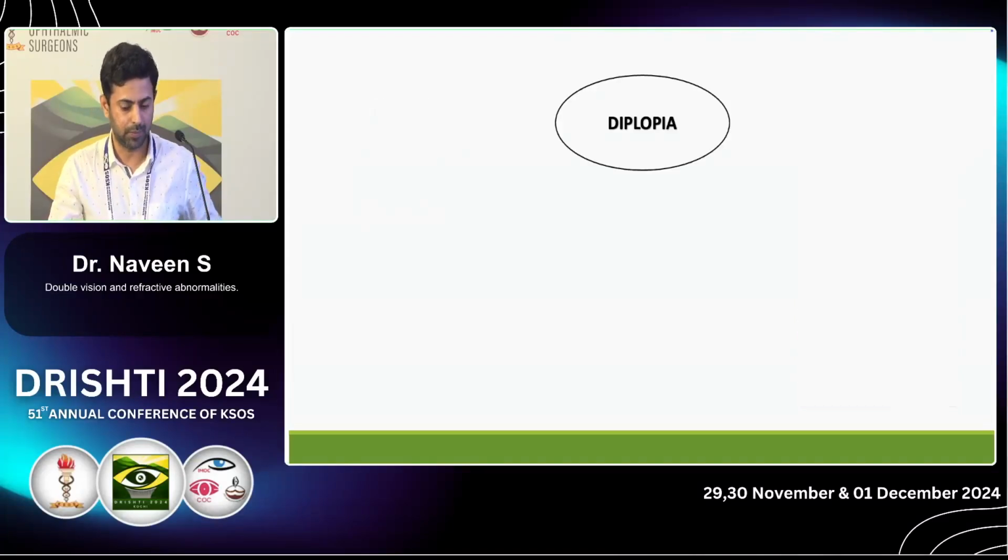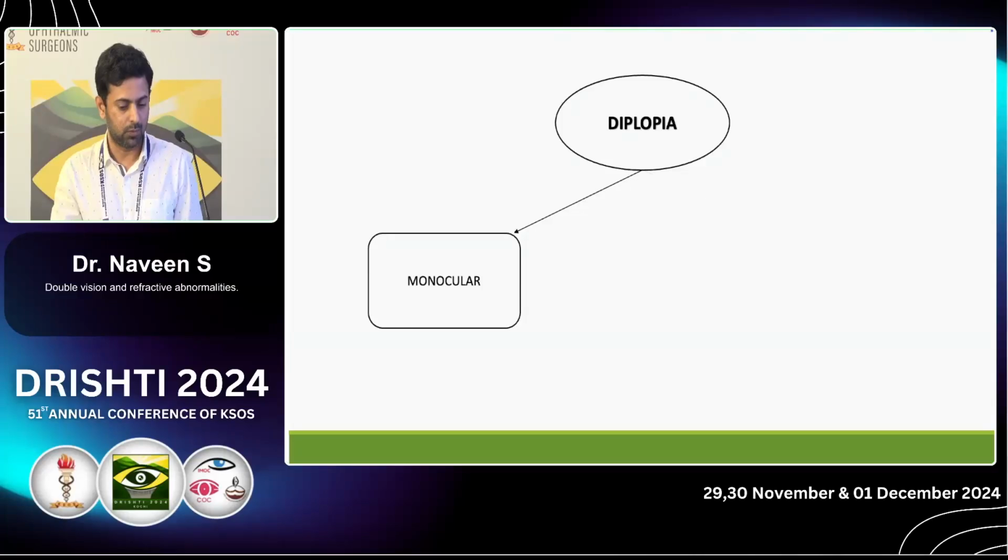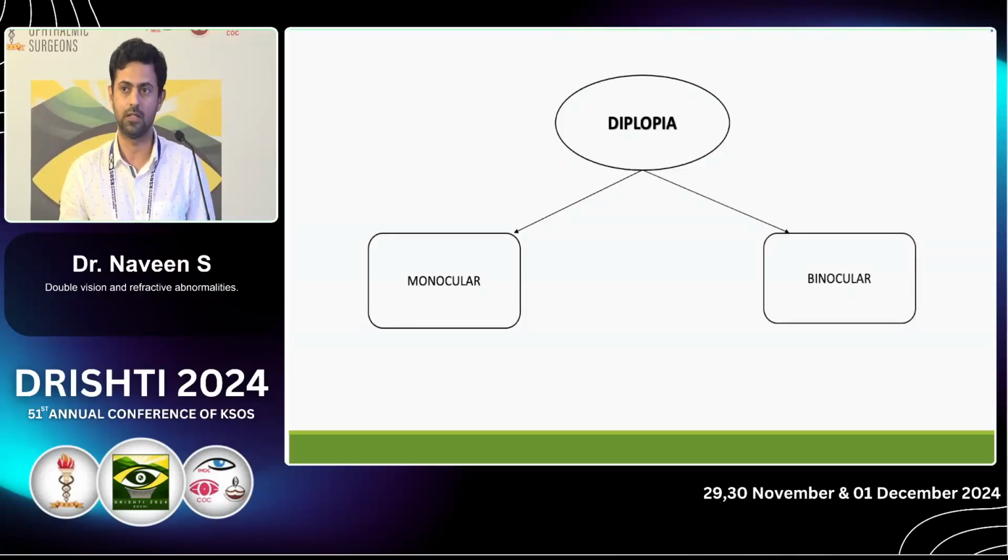So, for a patient with diplopia, like in any other case, we take a good history. We try to know the onset of the diplopia, duration, any associated symptoms. One important thing we need to know is if it's a binocular diplopia or a monocular diplopia.